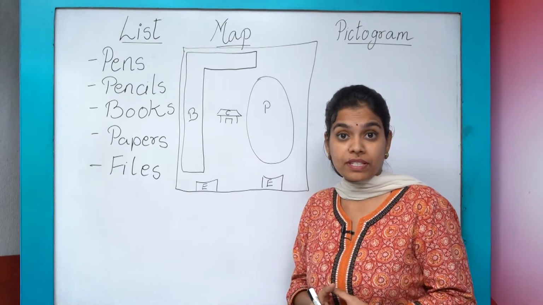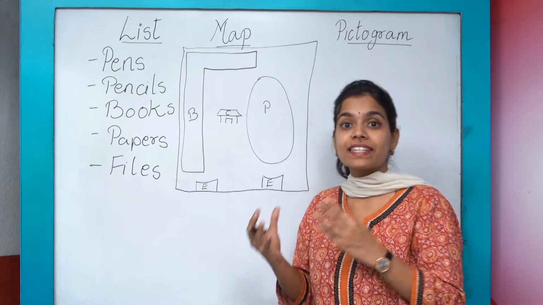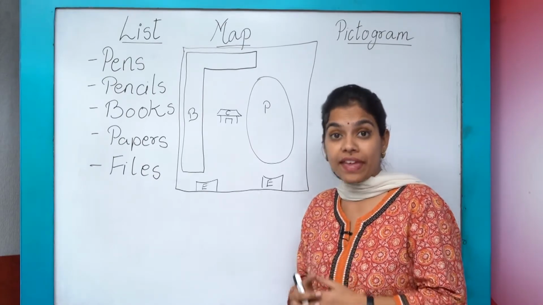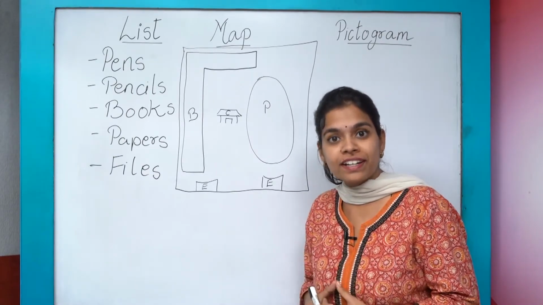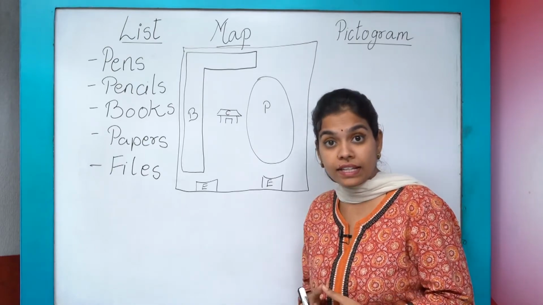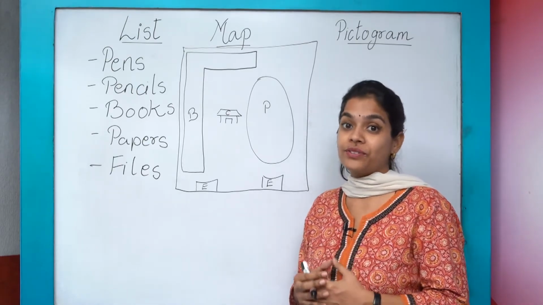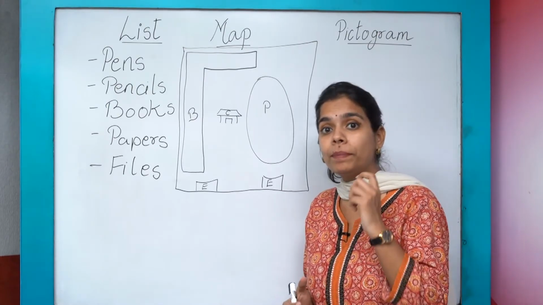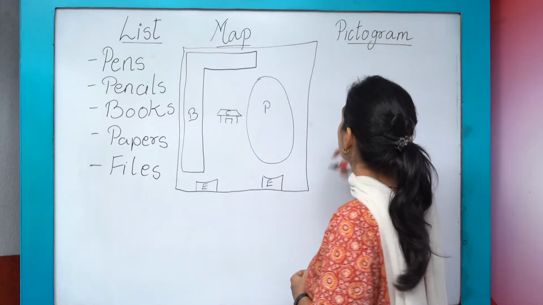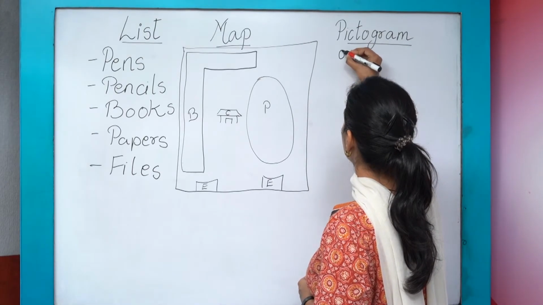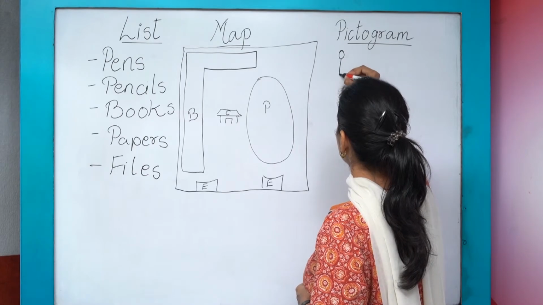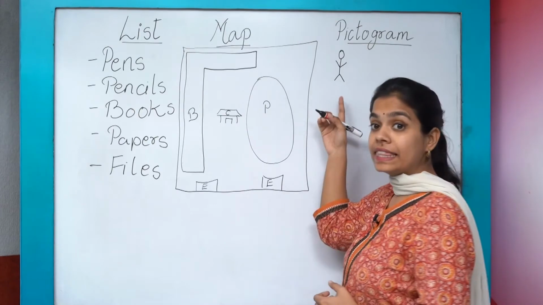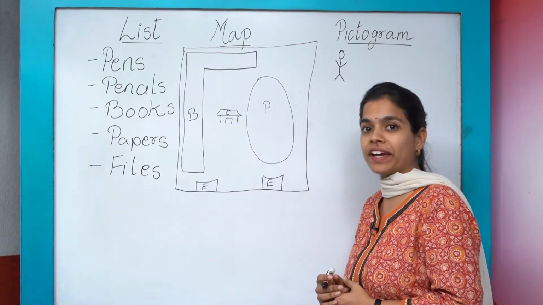I would like to represent the number of girls and boys. In our school, there were 500 girls and there were 400 boys. Let's try to draw a picture for a boy. This is the picture for a boy.